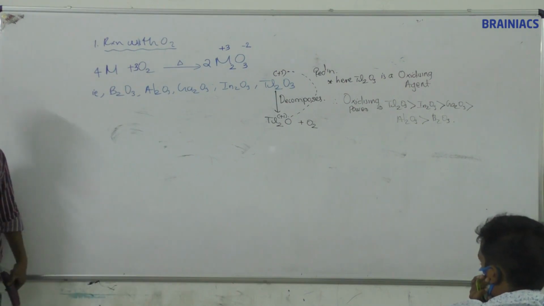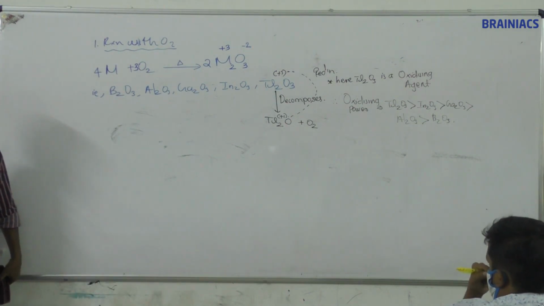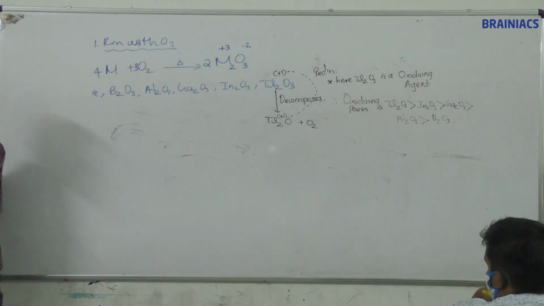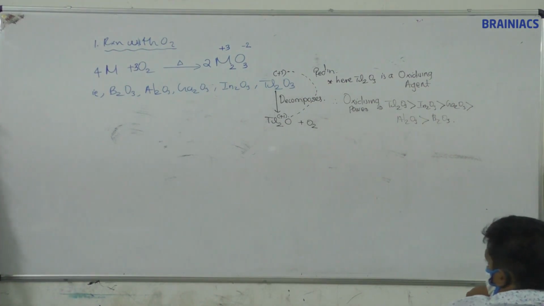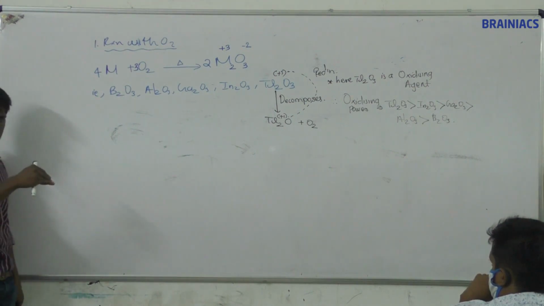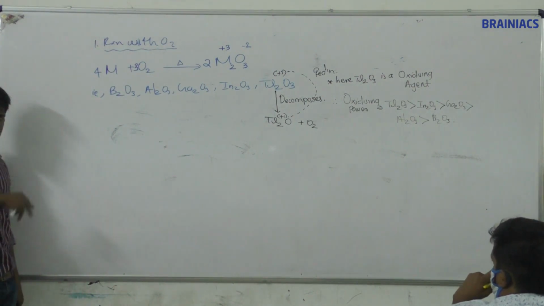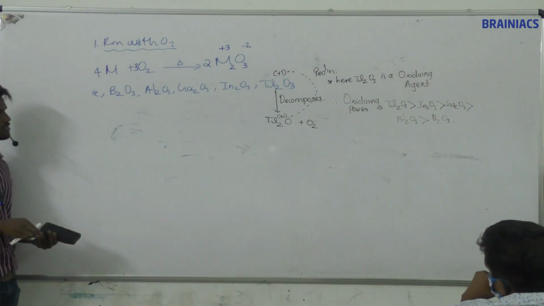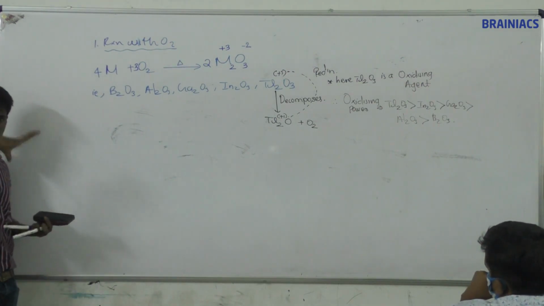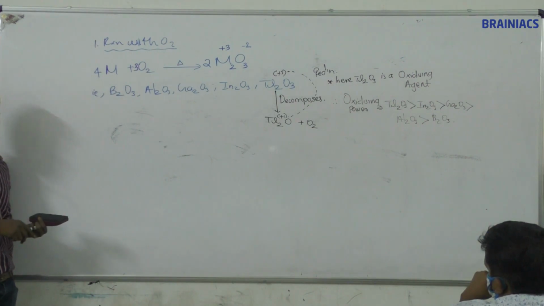Generally, are metal oxides acidic or basic? Metal oxides are basic, like sodium hydroxide and potassium hydroxide; the corresponding oxides and hydroxides are alkaline in nature. That is the reason they are called alkali metals. So metal oxides are generally basic, and non-metal oxides are generally acidic. Which is the non-metal here? Boron. Down the group metallic nature increases, so the acidic nature of oxides decreases down the group.